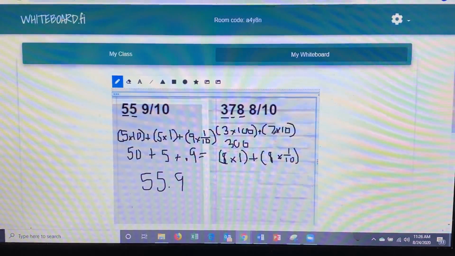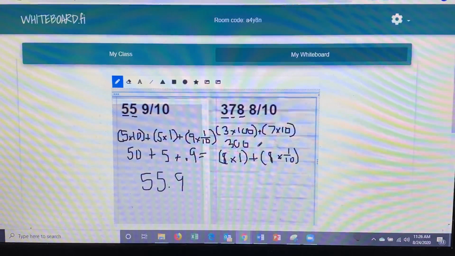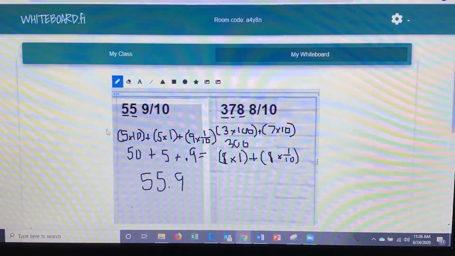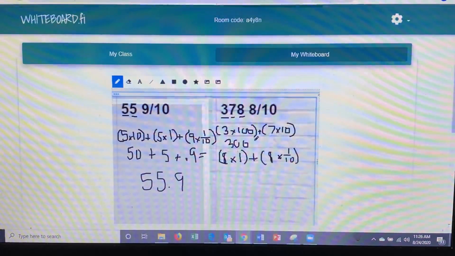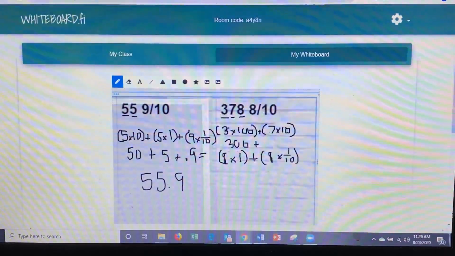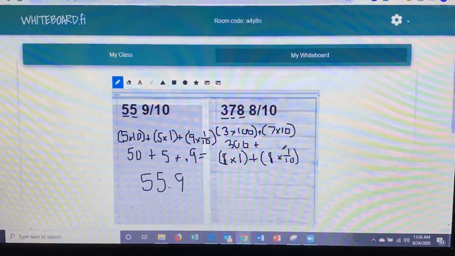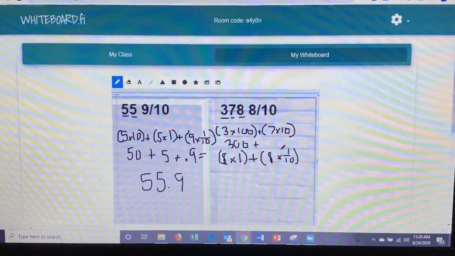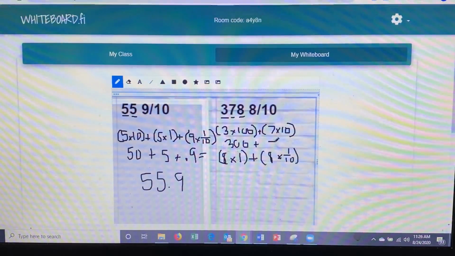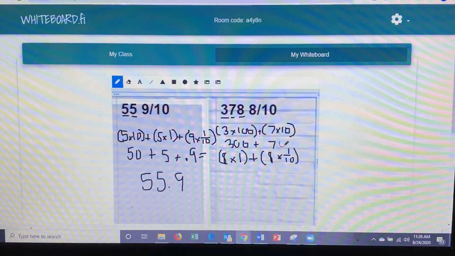In this particular case, Mr. Wise ran out of space, so I had to put the rest of my parentheses down here. It's best practice to do it like this. Now, I'm just letting you guys know so that if you get caught up with where you don't have space on a piece of paper or something, just know that it should look like this, okay? 7 times 10 is 70.